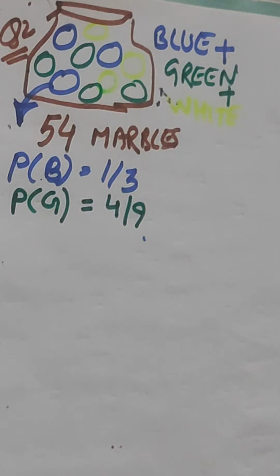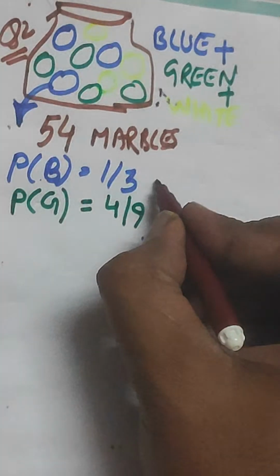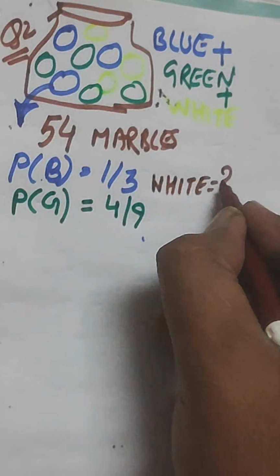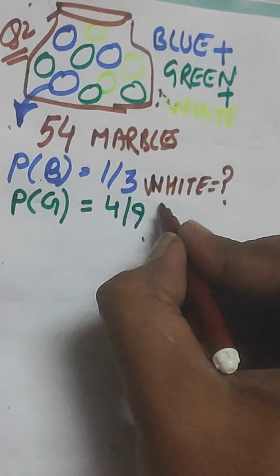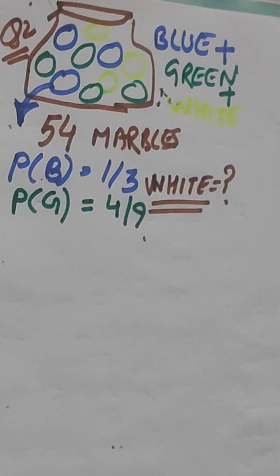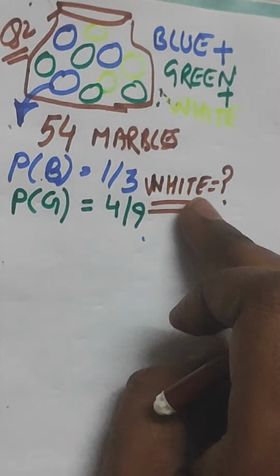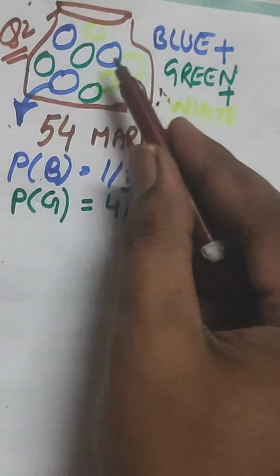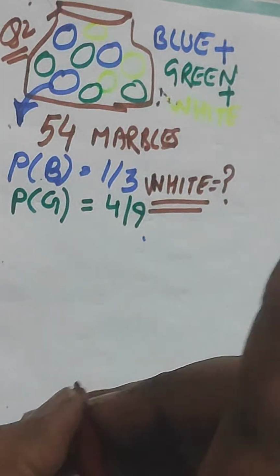Now how many white marbles does the jar contain? The number of white marbles we need to calculate. To solve such questions, we know that the total probability of all outcomes is equal to 1.